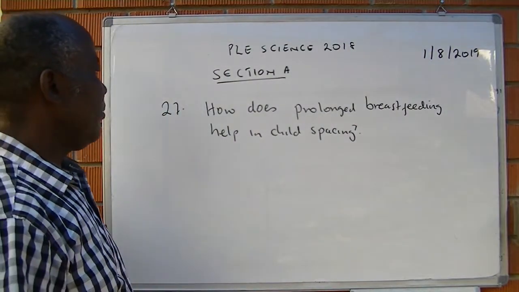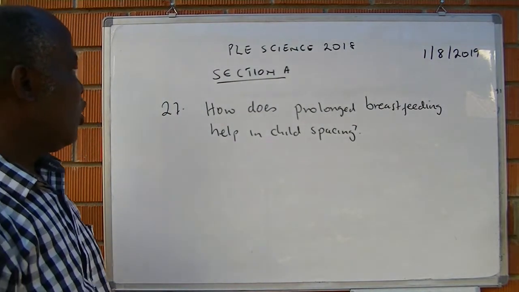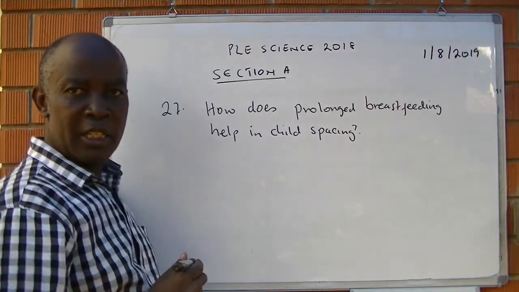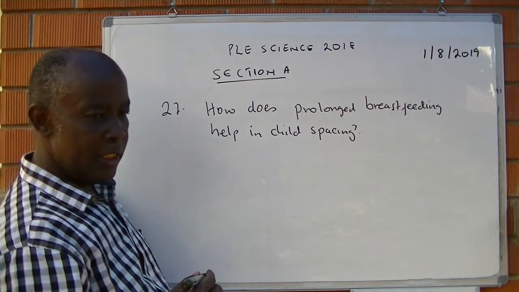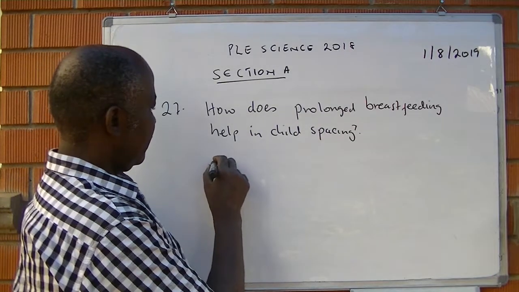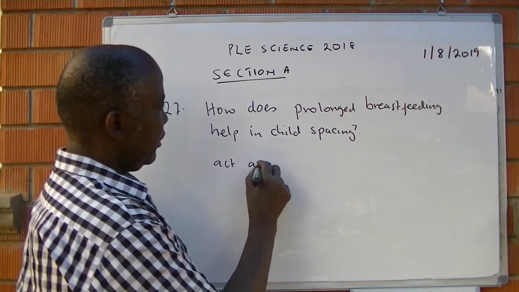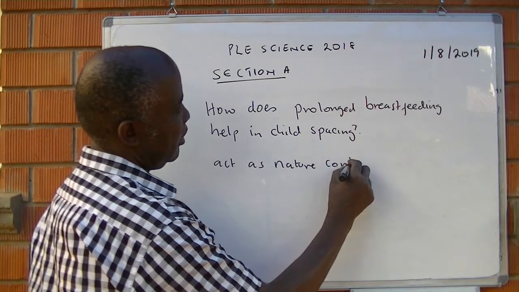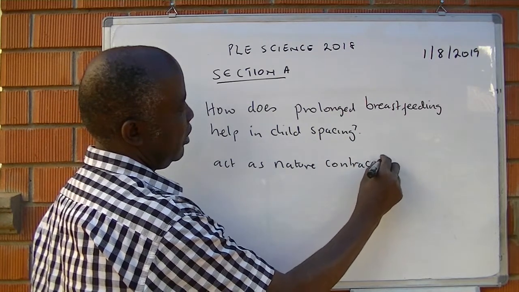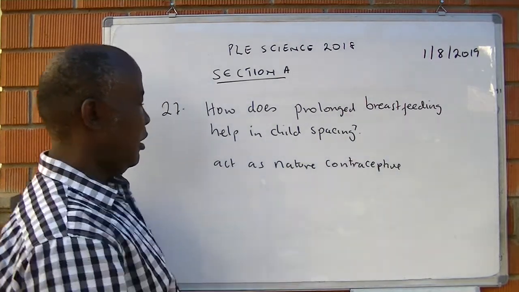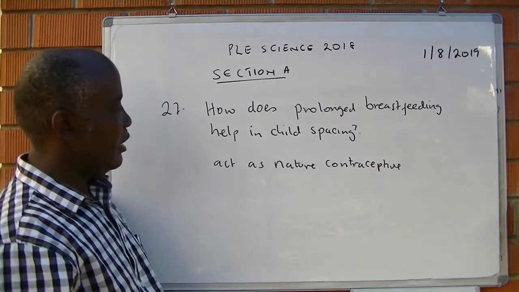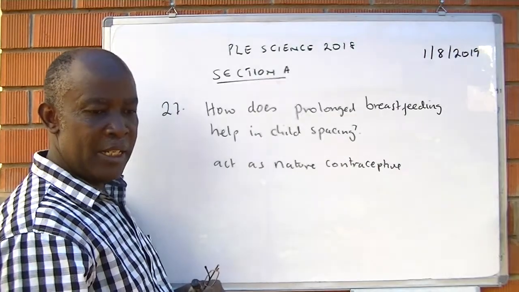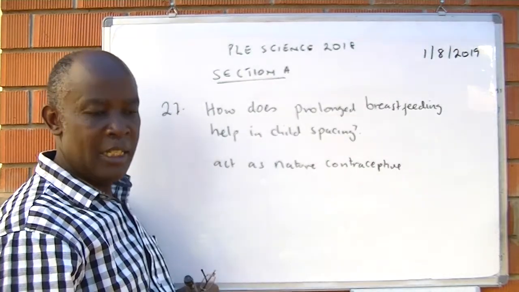Number 27, how does prolonged breastfeeding help in child spacing? It acts as a natural contraceptive, preventing a mother from getting pregnant again.